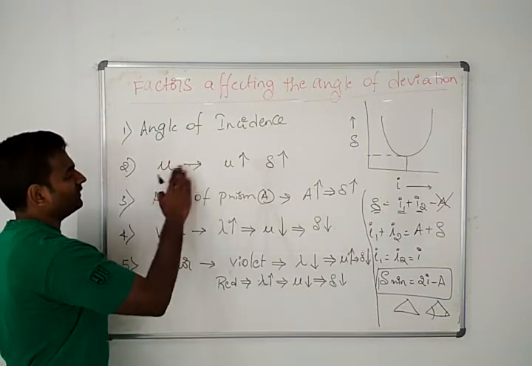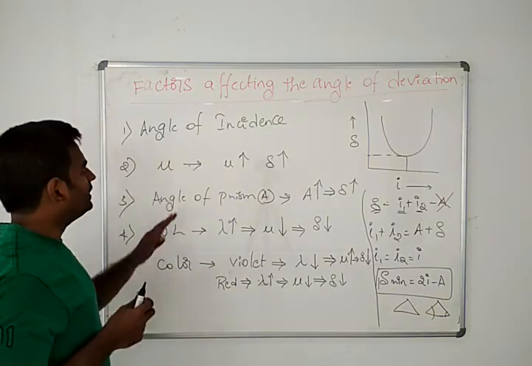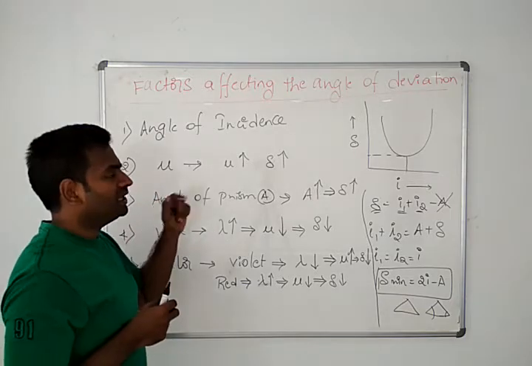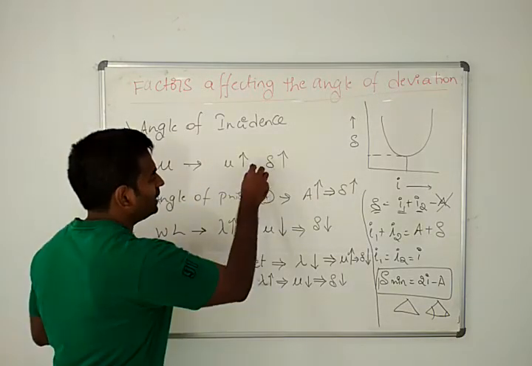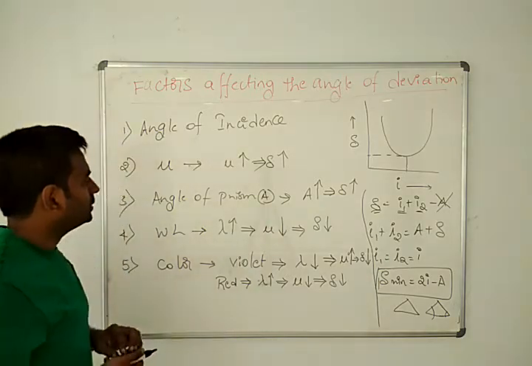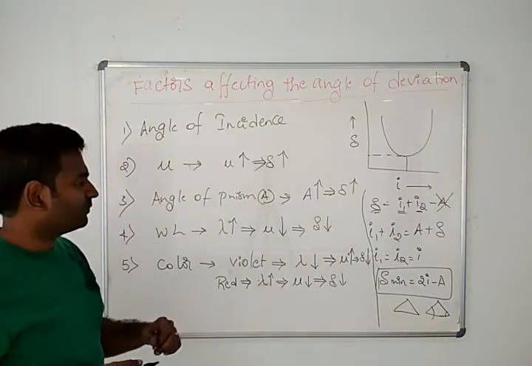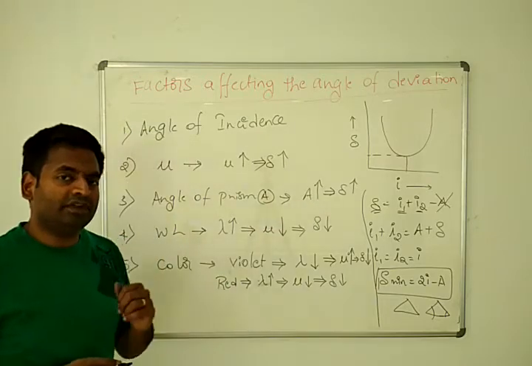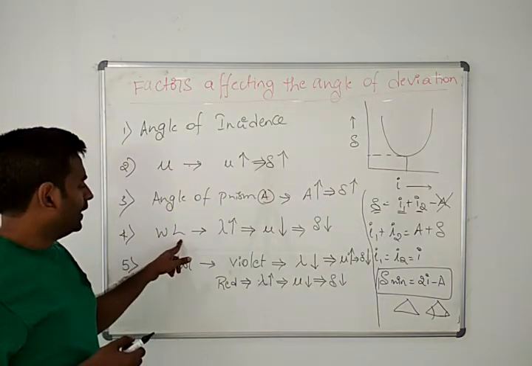The other factor which will affect the angle of deviation is the mu, that is refractive index. If my refractive index is more, then my delta is more. The other factor is the angle of the prism. If the angle of the prism is more, then my angle of deviation is also more. And then wavelength.